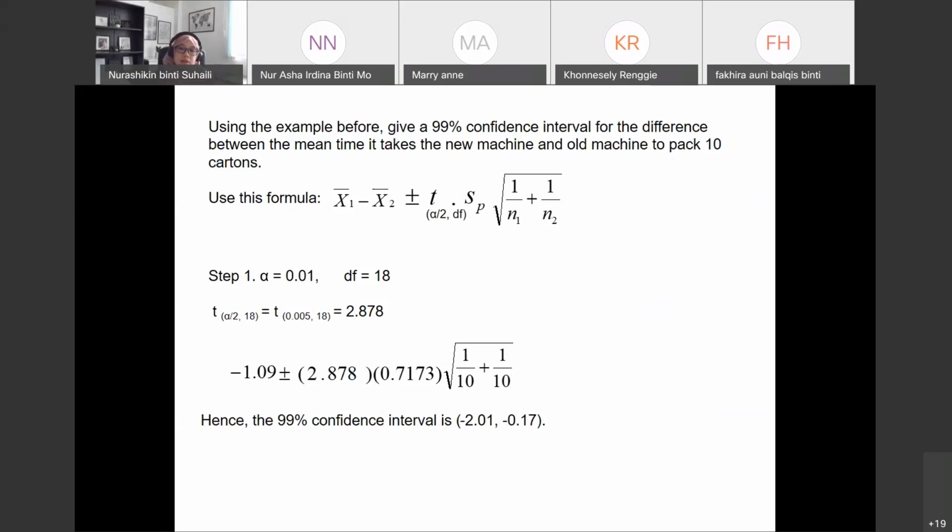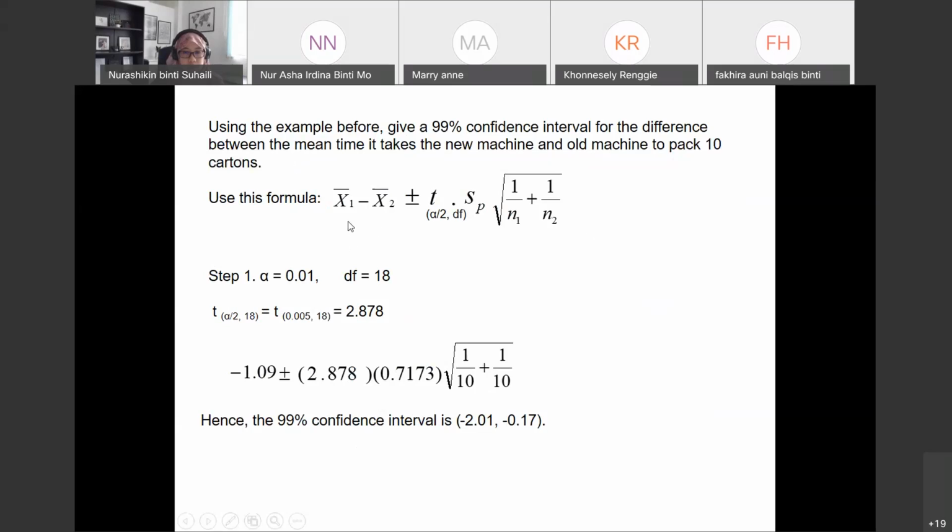So here, using the example before, give a 99% confidence interval for the difference between the mean time it takes the new machine and old machine to pack 10 cartons. This is the formula that you have to use.